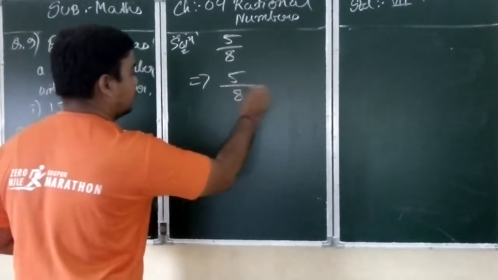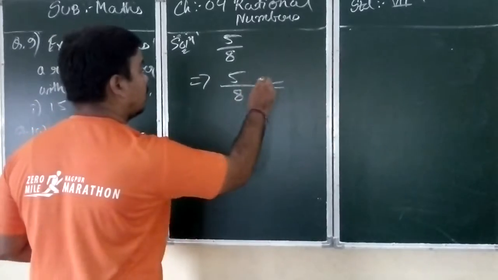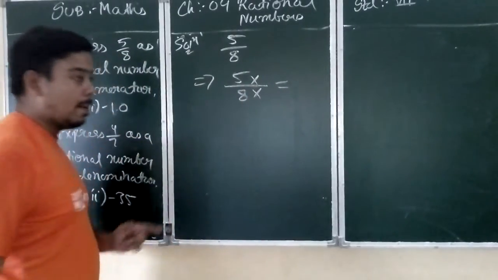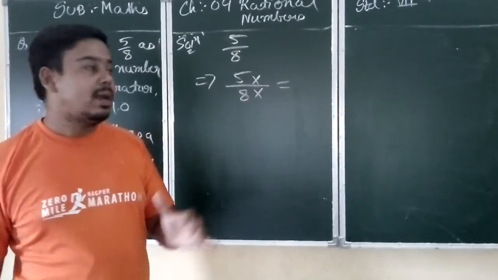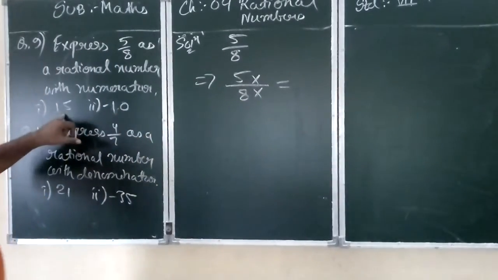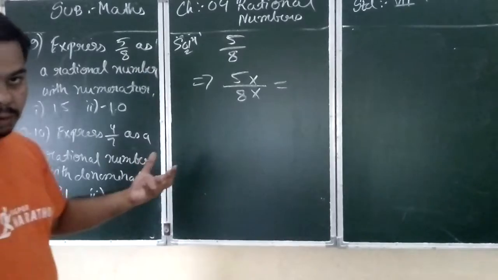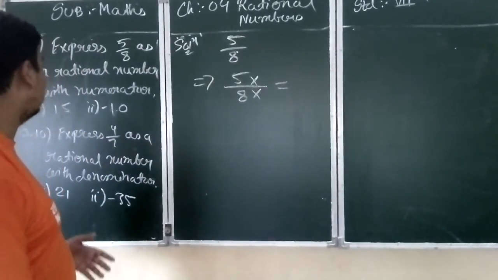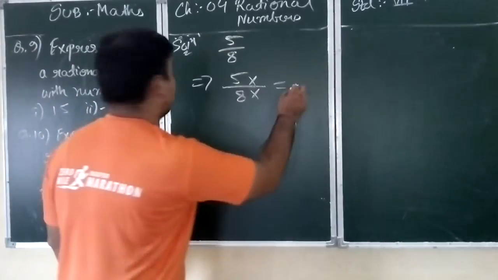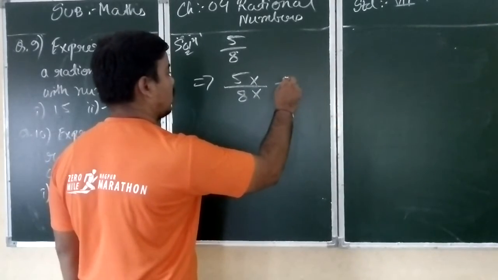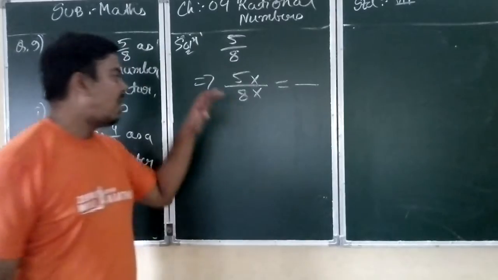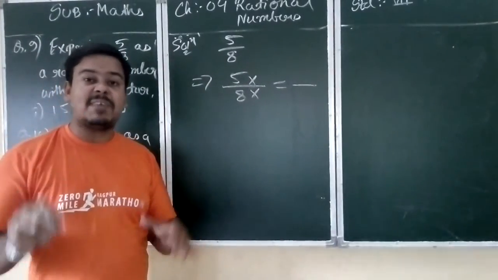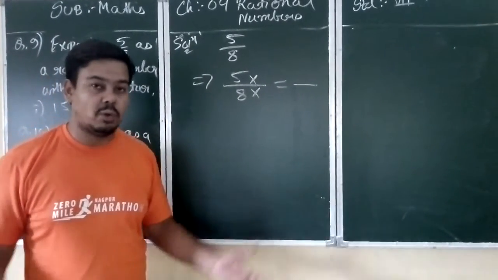5 by 8. How do we understand that we multiply here? Because the numerator is the bigger number. So 5 is multiplied by which number? We don't know which number.